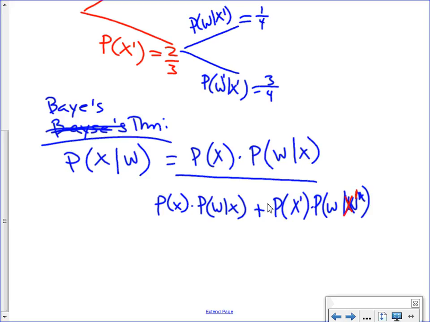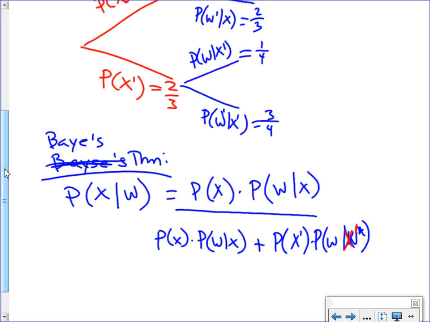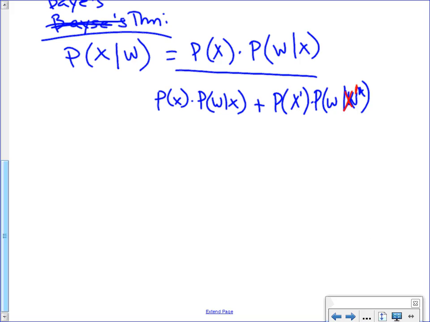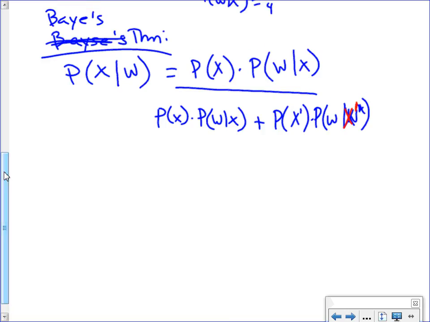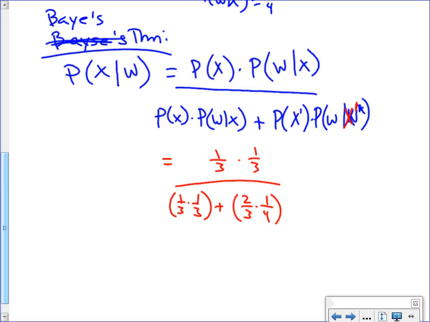Because of the tree diagram, we have all those things. Probability of X is 1/3, probability of winning given you're on X is 1/3. And this thing just carries down, so 1/3 times 1/3, plus probability of not X, 2/3, times 1/4, is your chance of winning.